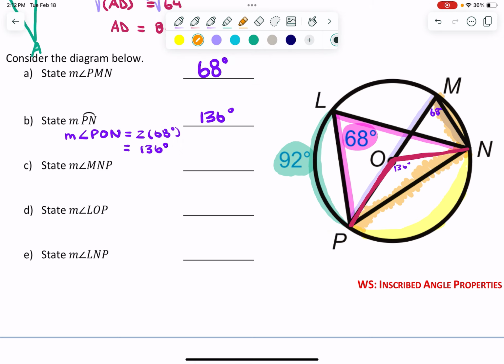I don't have another inscribed angle that opens to arc PM, but I do notice that it opens to this diameter, or it's an inscribed angle of a semicircle. If I'm an inscribed angle of a semicircle, property 3 tells me that the measure of my angle must be 90 degrees.